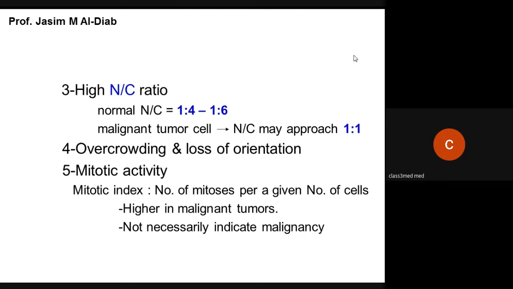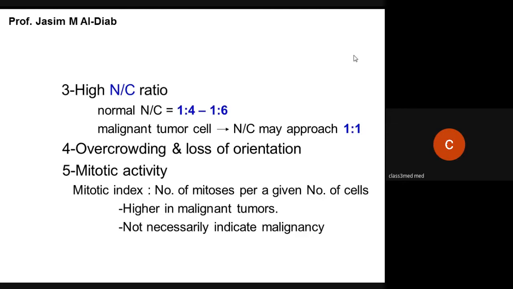Is leiomyosarcoma malignant or benign? Malignant, okay. So it is a malignant tumor of smooth muscle fibers. In the uterus, to diagnose leiomyosarcoma, you need 10 mitotic figures per 10 high power fields.